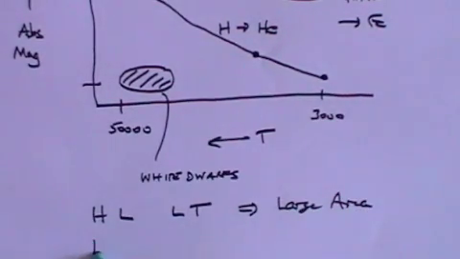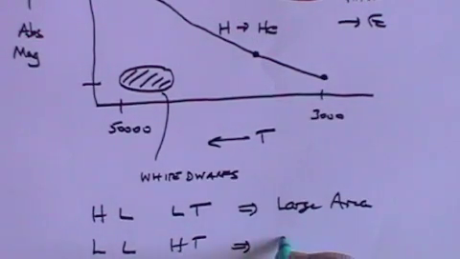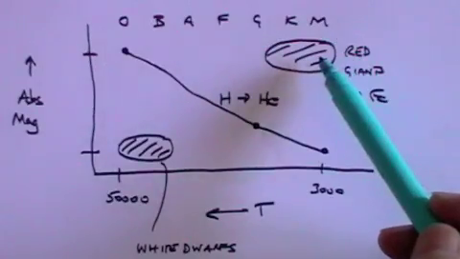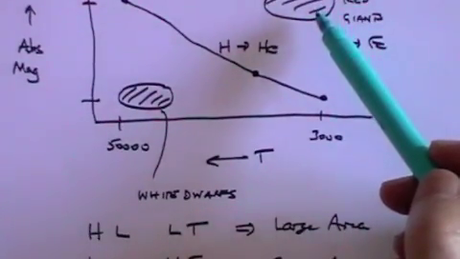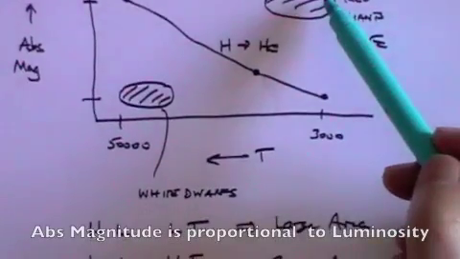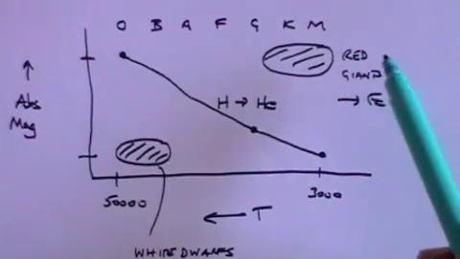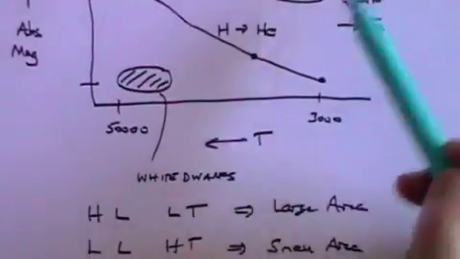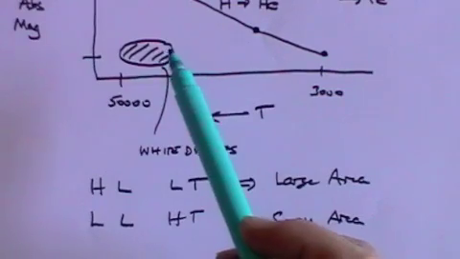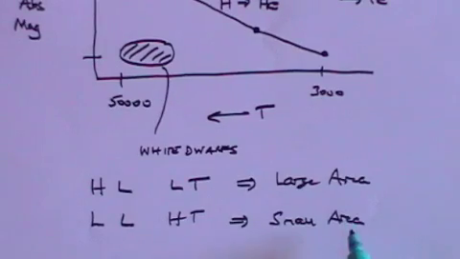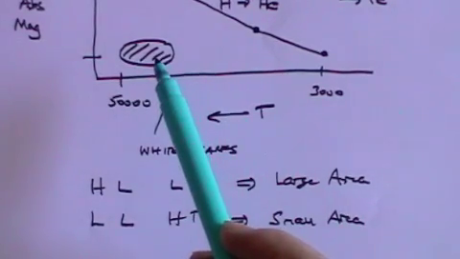And if you've got low luminosity and high temperature, then that must mean that you've got a small surface area. And that's exactly what you've got here on the red giant. You've got a high luminosity but a low temperature, and that means you must have a large surface area. That's why they're called red giants. Here with the white dwarfs, you've got a low luminosity, a high temperature, therefore you must have a small surface area, and that's why they're called white dwarfs.